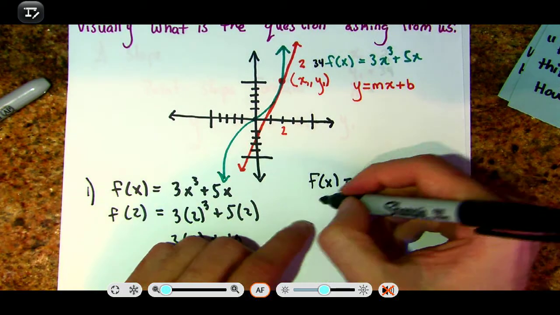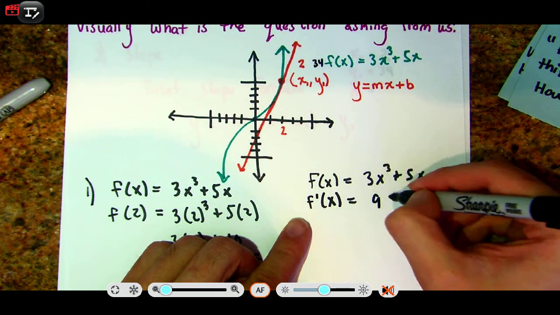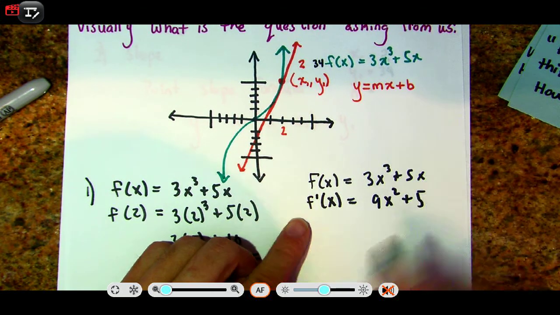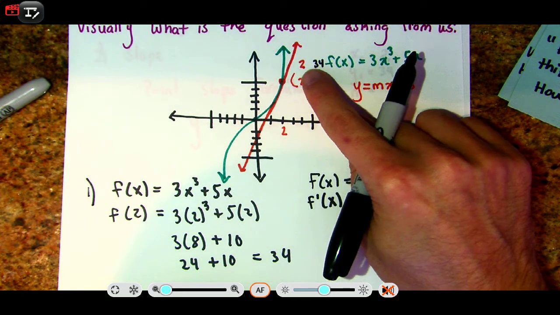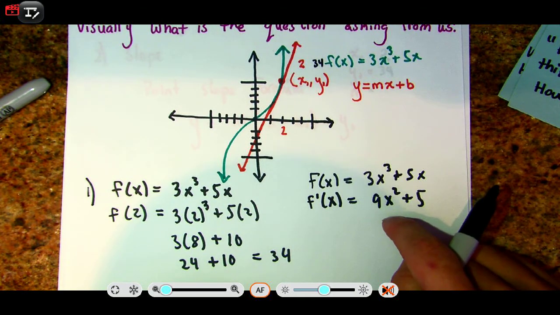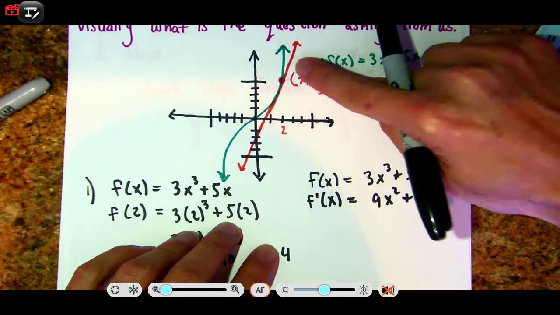What's f prime of x? This is equal to 9x squared plus 5. Now, if I plug in 2 into its derivative, it will tell me the slope of this tangent line at 2.